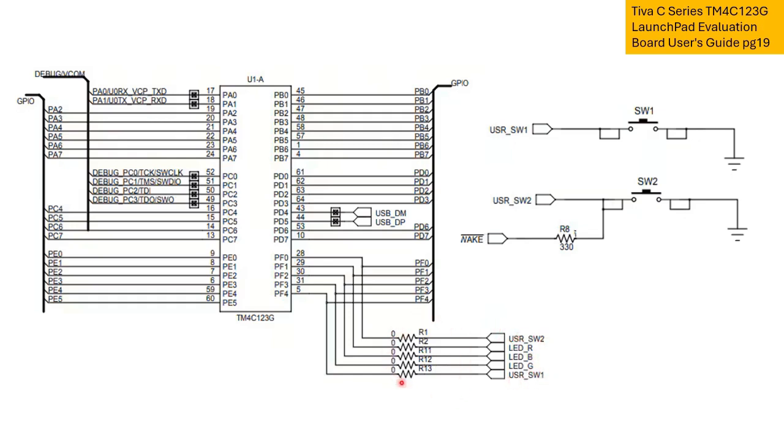You notice all these are connected to port F. However, in this video, we're going to use port E, which is this port here, to interface an external LED and an external push button switch. So we'll be using port E.